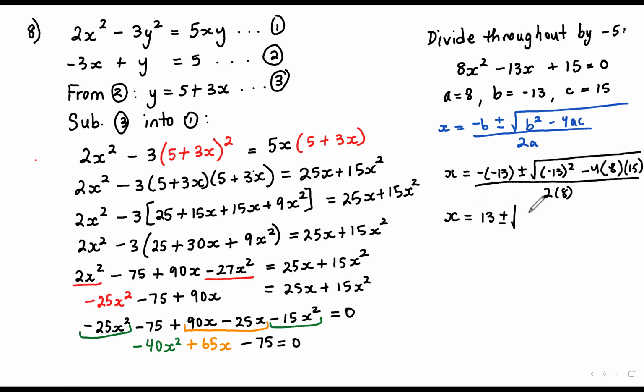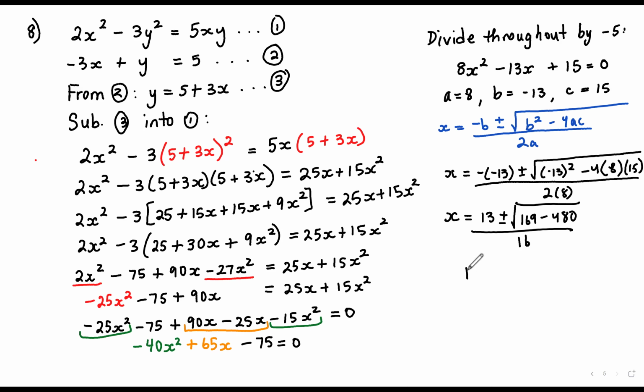So this will give me x is equal to positive 13, because minus and minus is a positive, plus or minus the square root of 13 squared is 169. And then 4 times 8 times 15 is 480. All right, something is wrong here, because if this is minus 480, it'll mean that you cannot find the square root of a negative number.